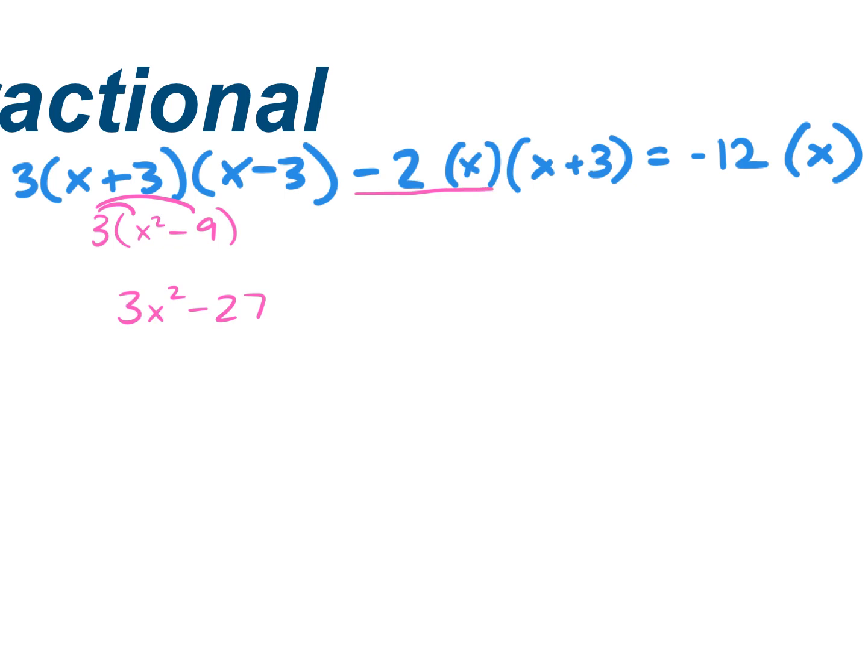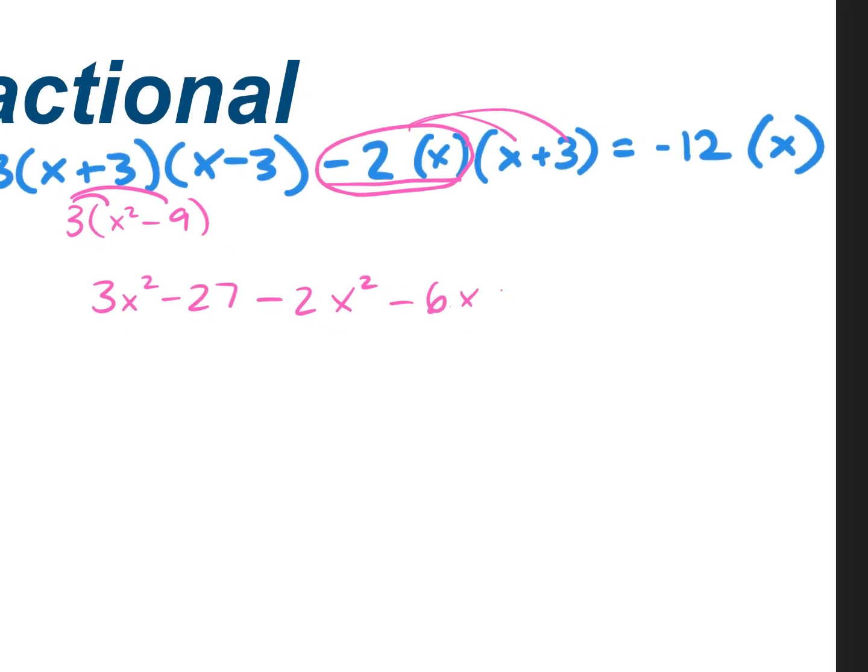Next, I'm going to take negative 2x and distribute that to the x and the plus 3. So it'd be negative 2x squared minus 6x, because 2x times 3 would be minus 6x. So I'm taking this whole thing and just distributing it. And then that's equal to negative 12x.